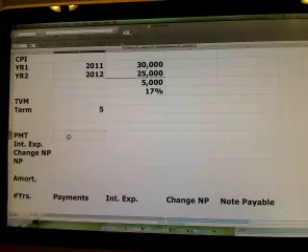Again, like I stated, I want you to solve your payment. In order to solve your payment, you need your term, which we stated was 5 years, your interest rate, which we stated was our CPI of 17%, and our present value. We stated that we were going to purchase this vehicle in 2011, meaning the present value is $30,000.